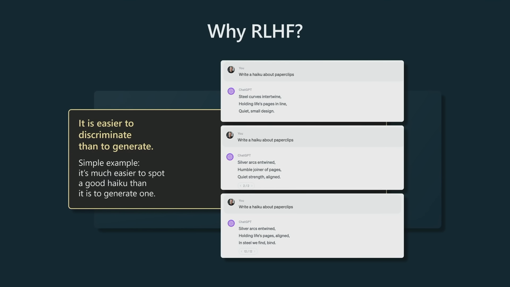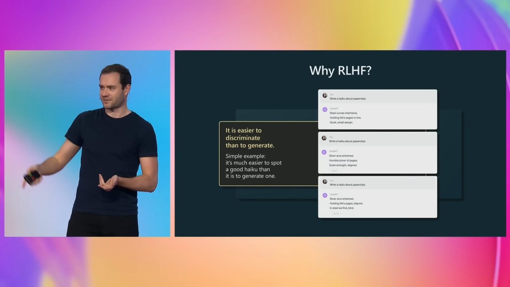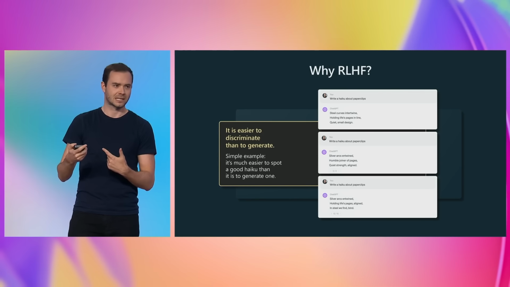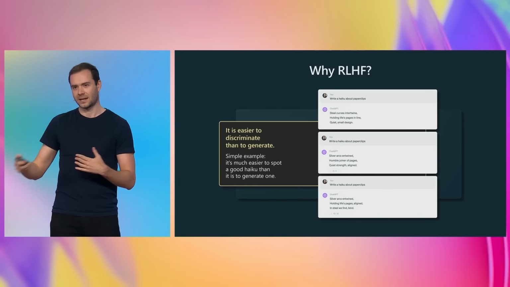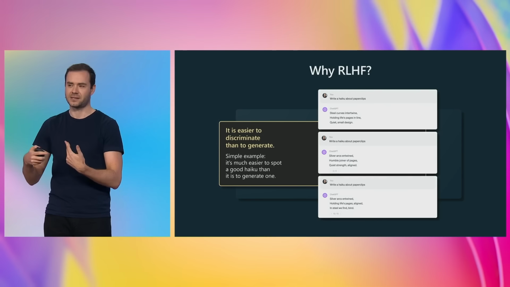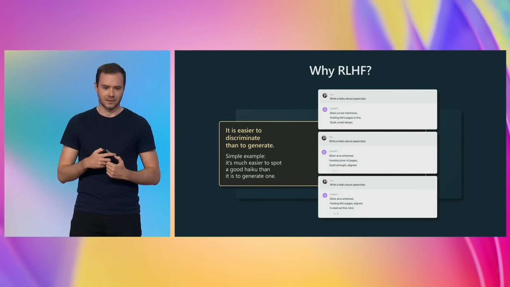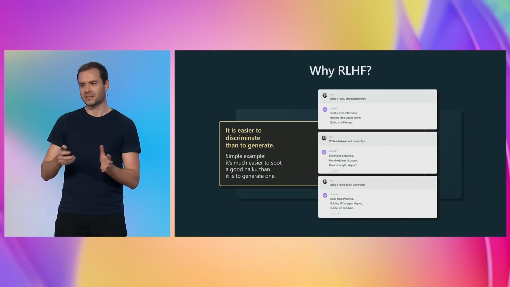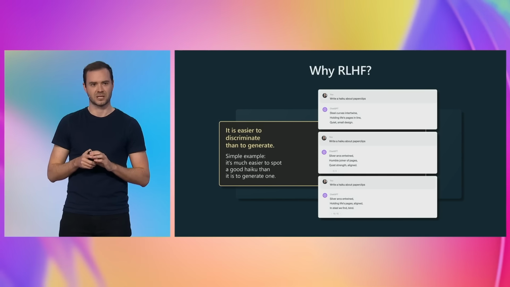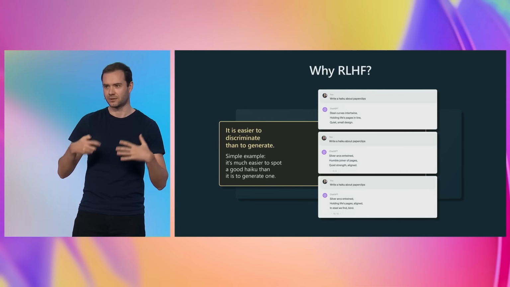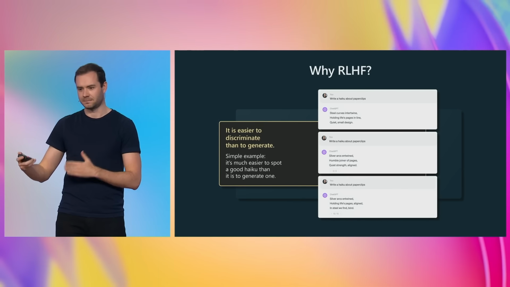You might just not be very good at that. But if I give you a few examples of haikus, you might be able to appreciate some of them a lot more than others. And so judging which one of these is good is a much easier task. So this asymmetry makes comparisons a better way to leverage yourself as a human and your judgment to create a slightly better model.